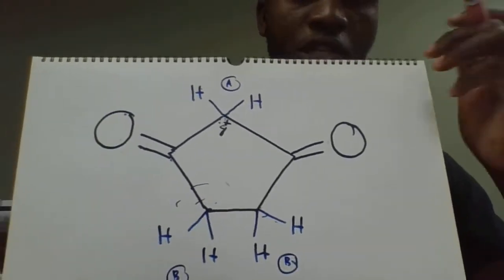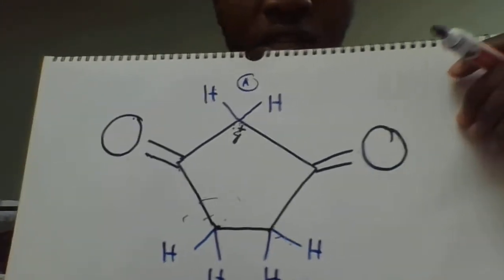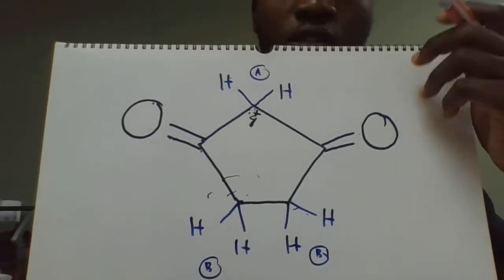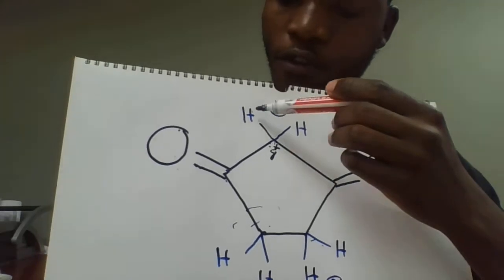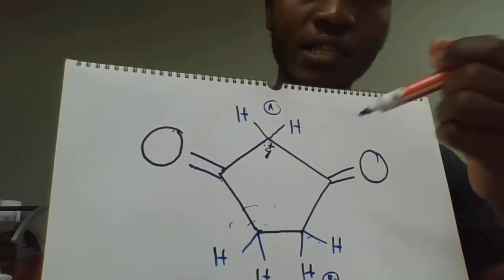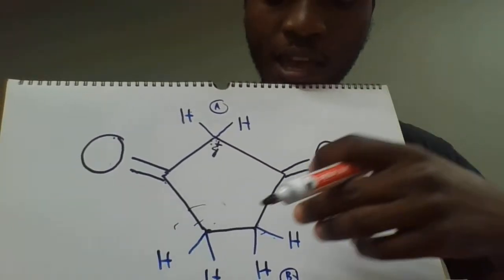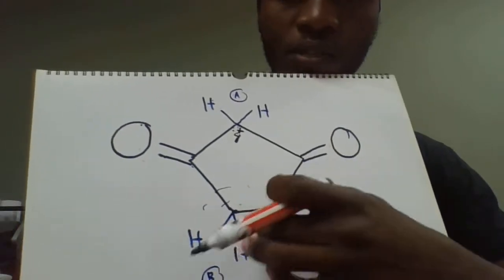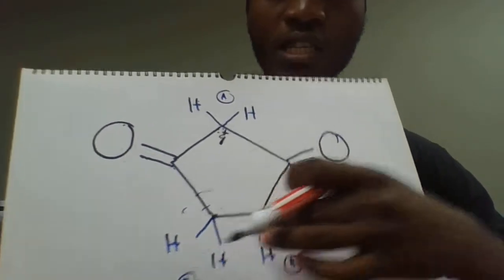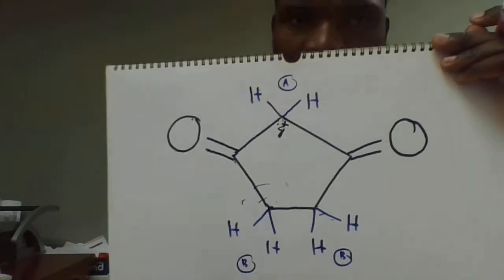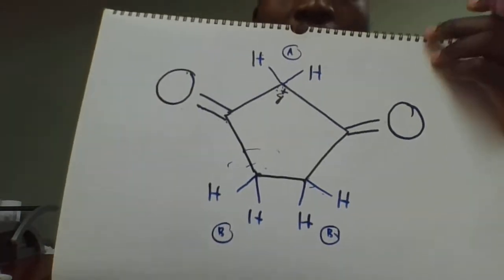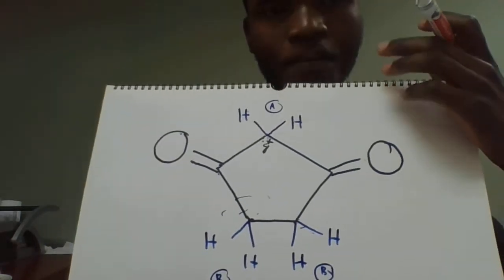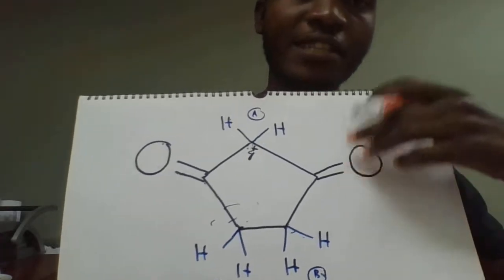Based on the question requiring acidic hydrogens with a pKa value of less than 25, I would go for these two hydrogens in this case. I'm not saying these other sets of hydrogens are not acidic. They are acidic hydrogens, but they are weak acids. I hope this is clear and makes sense to you.